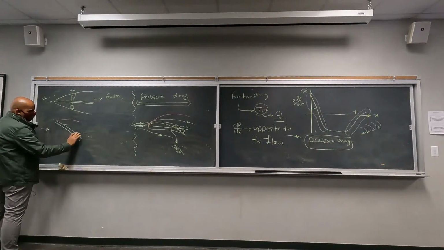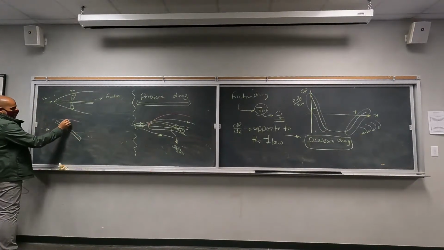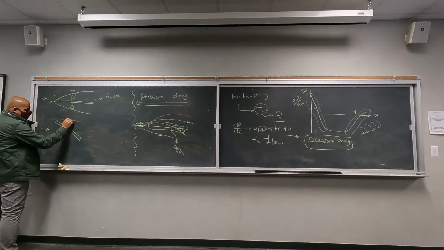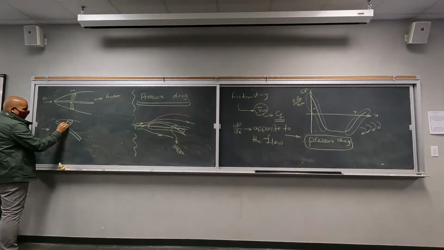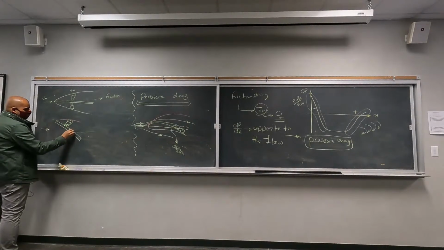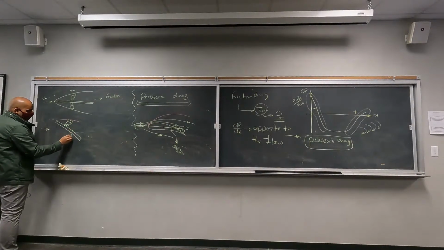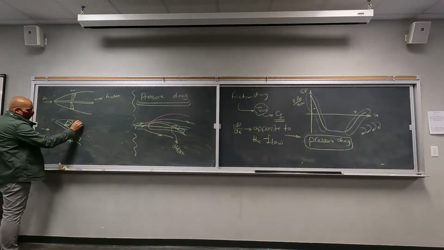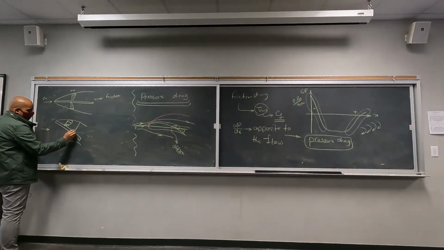Let me actually put it this way. In the boundary layer, we said the velocity is distributed like this, right? It starts from 0 and goes up. But after the separation point, your velocity is distributed like this.